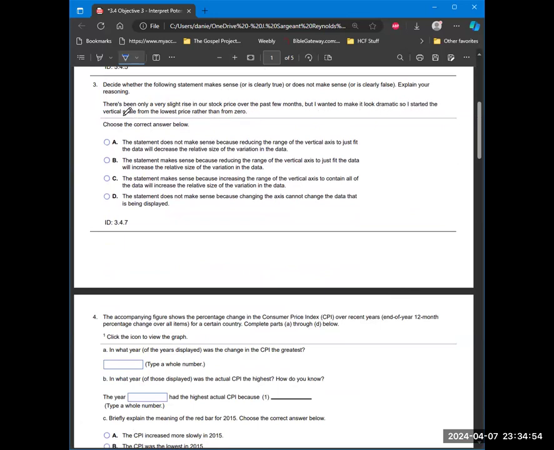So I started the vertical scale from the lowest price rather than from 0. The statement makes sense because reducing the range of the vertical axis to just fit the data will increase the relative size of the variation in the data.